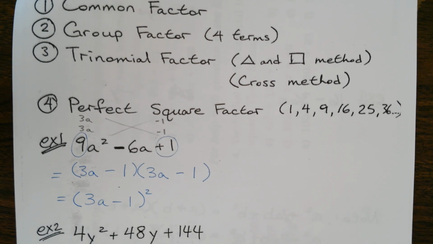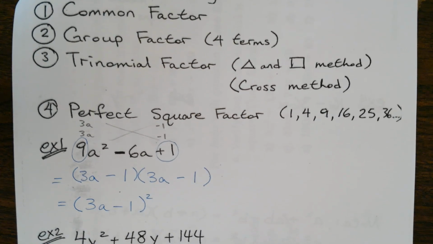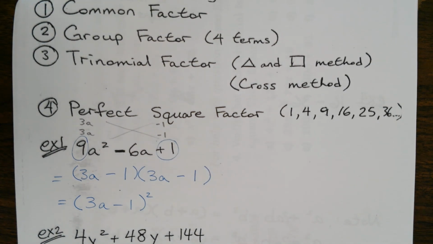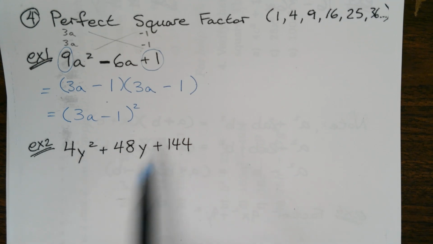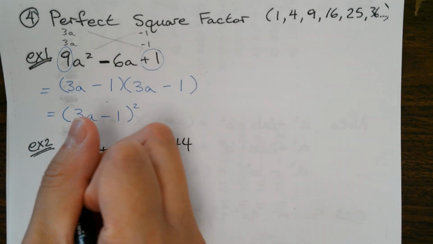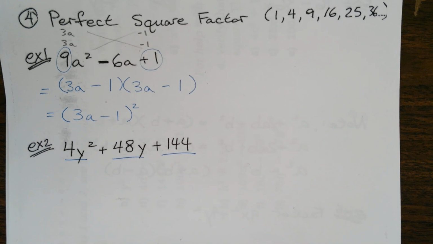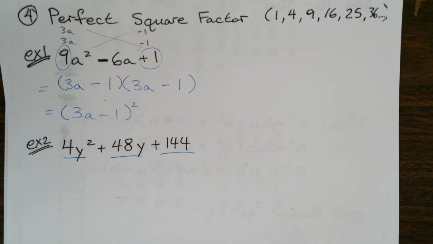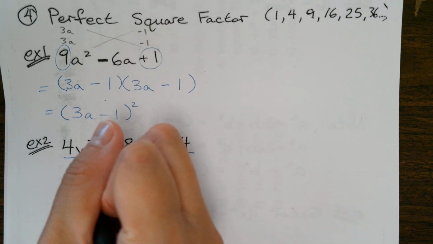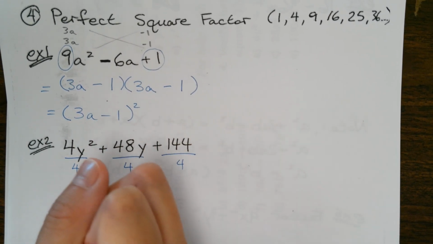But before that, common factor. Yes, there is something common in all 3. So what can I divide all 3 by? What goes into all 3? Does 4 go into 144? I think so. 144 divided by 4. Yep, it goes in. So 4 goes into all 3.